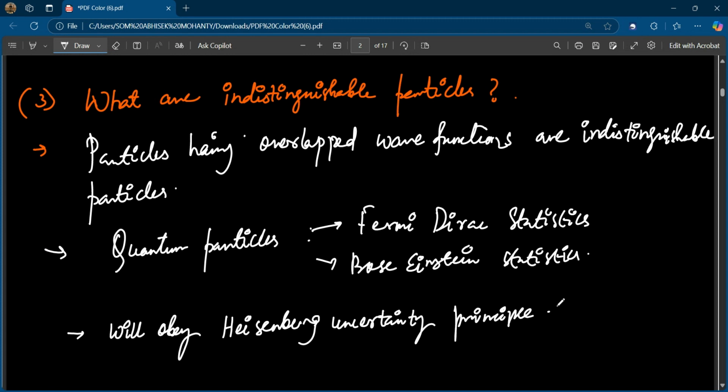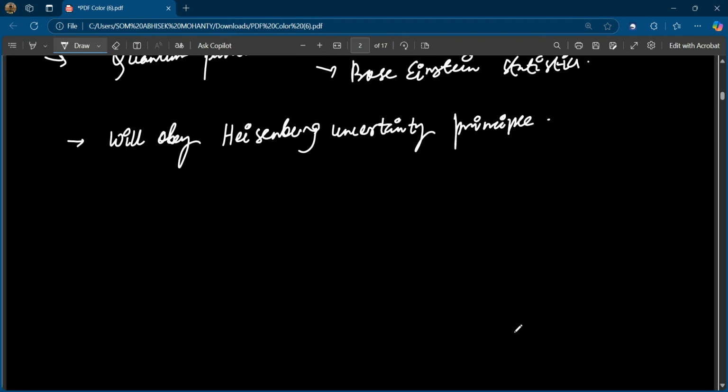What do we mean by obeying the Heisenberg uncertainty principle? It means we cannot determine the conjugates, that is position and momentum, precisely at the same time. Distinguishable means localized, so indistinguishable means non-localized particles.